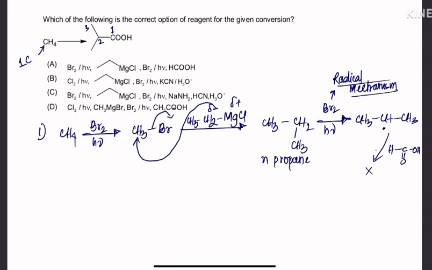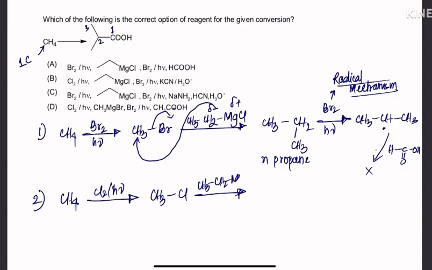So for the next reaction, there is a CH4, and if you react with Cl2/hv, as it is halogenation, this one will form, and then after that there is ethyl magnesium chloride. In that ethyl magnesium chloride, this minus will go and react with this one, so it will form this one.